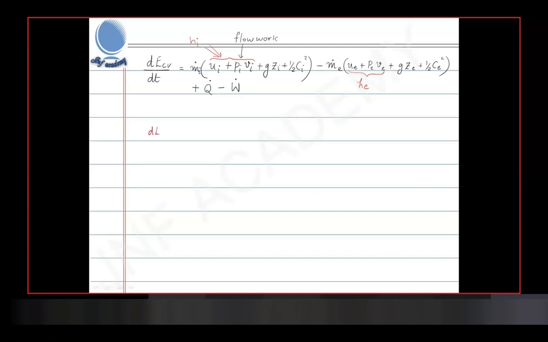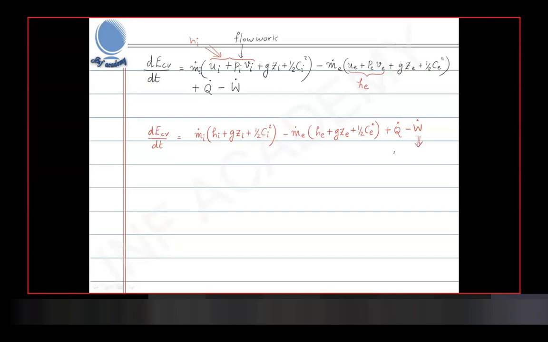So now we can simplify this equation as dE_CV by dt is equal to m dot i into (h_i plus g z_i plus half C_i squared) minus m dot e (h_e plus g z_e plus half C_e squared) plus Q dot minus W dot.